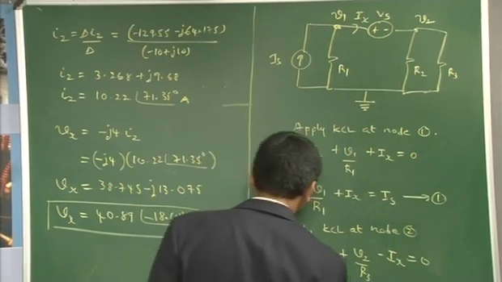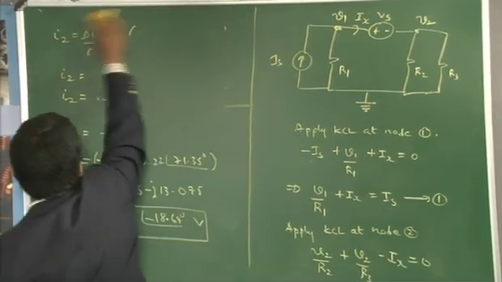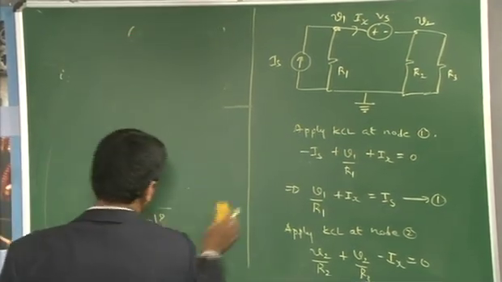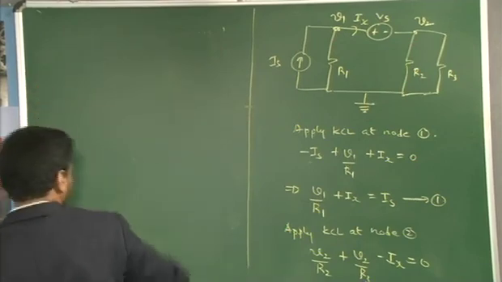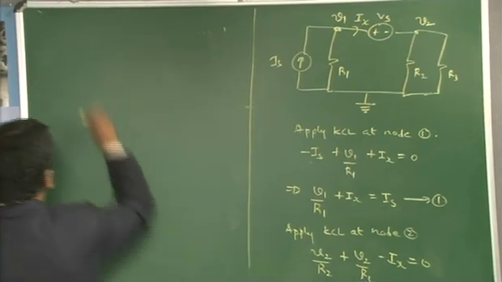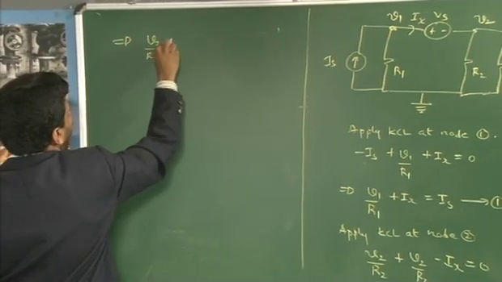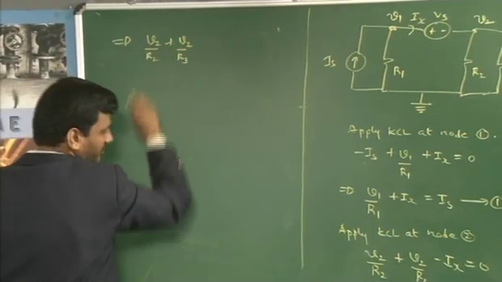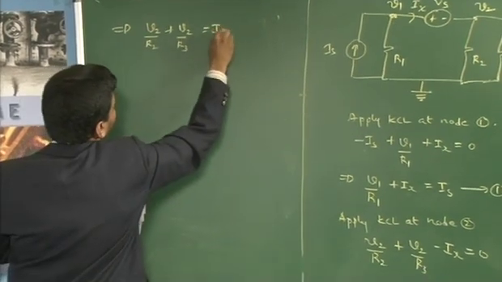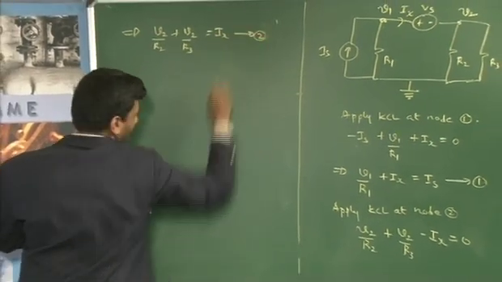Now, we can rearrange this equation, so this implies V2 by R2 plus V2 by R3 is equal to Ix, call this equation 2.